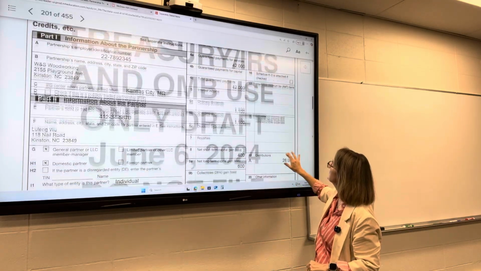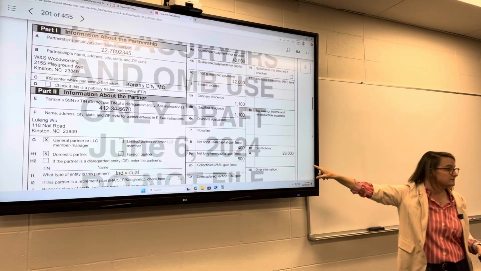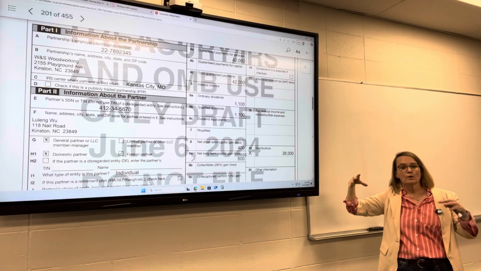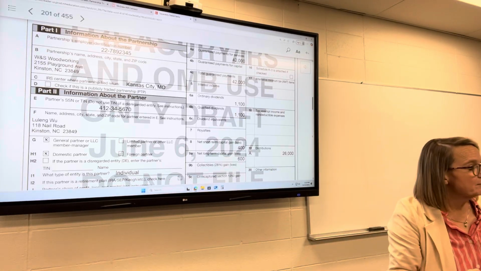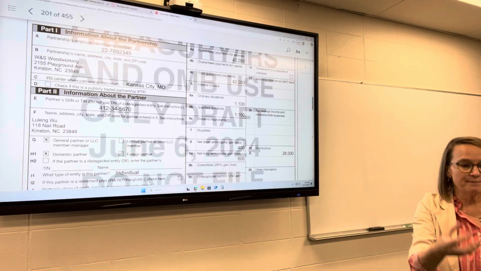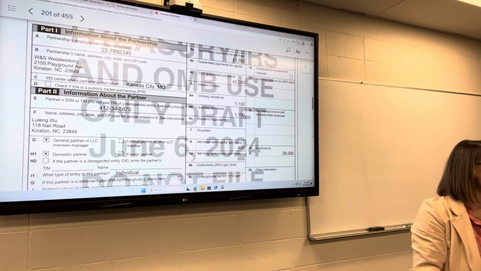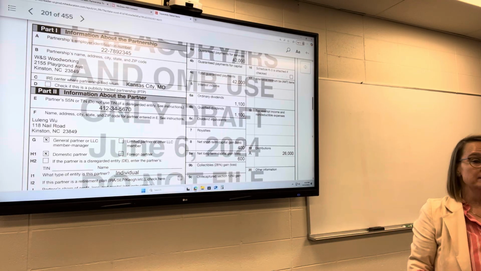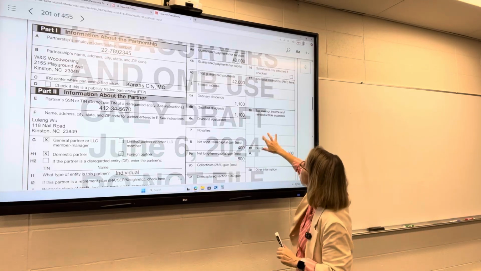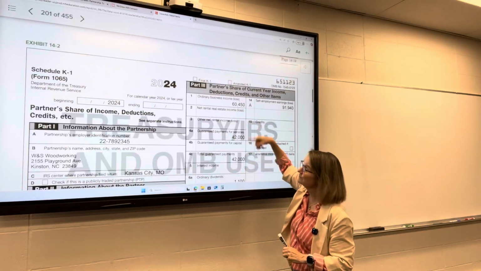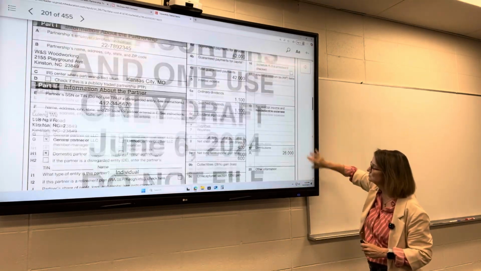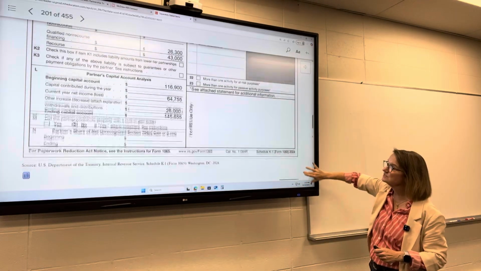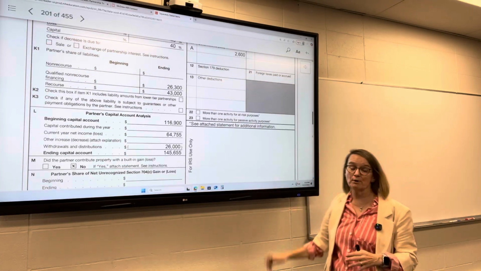They also received a distribution of $26,000. So from their basis, their ownership of the partnership, they got a payment of $26,000. Chances are that payment was to help them pay the taxes on these amounts. Oftentimes, that is what happens on these partnerships.